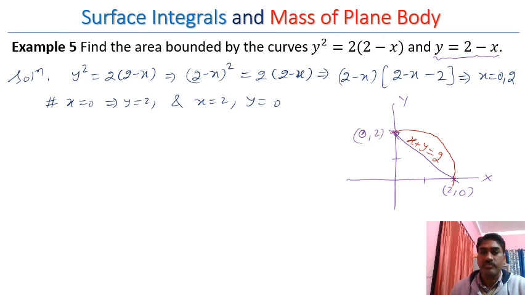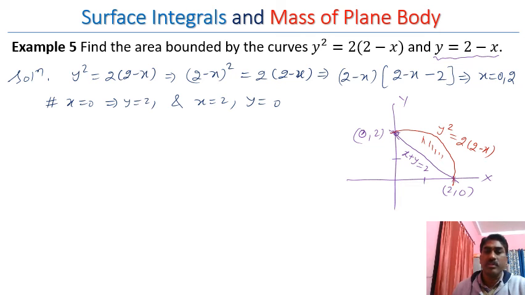Let me change the color so that you are not confused. This is x plus y equals 2, and this is y squared equals 2 minus x. The red curve I have written in red, and the line in purple. So this is our region bounded by these two curves.